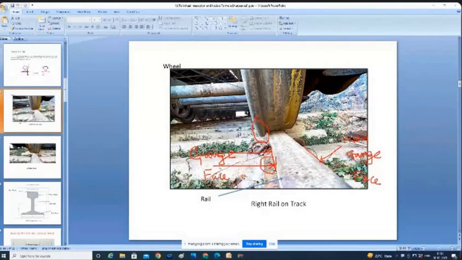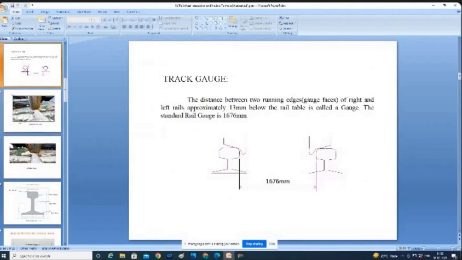Right. So now, why is this gauge face important for us? It is very simple. Like our wheel gauge, 1600 in the case of wagon stock and coaching stock, 1596 in the case of loco stock, we measure. Similarly, the rail gauge also they will measure. That rail gauge must be 1676. Here you can see the rail table.